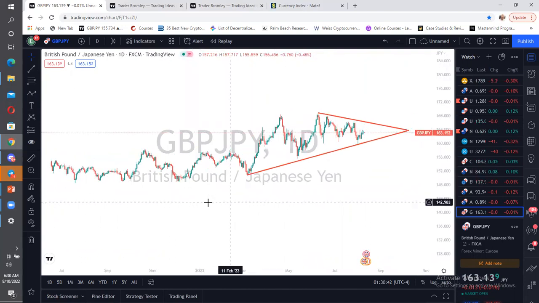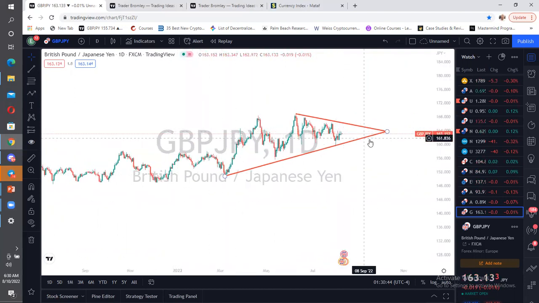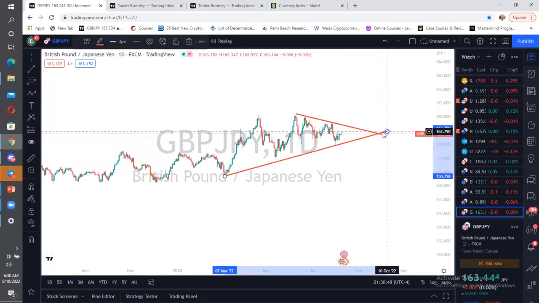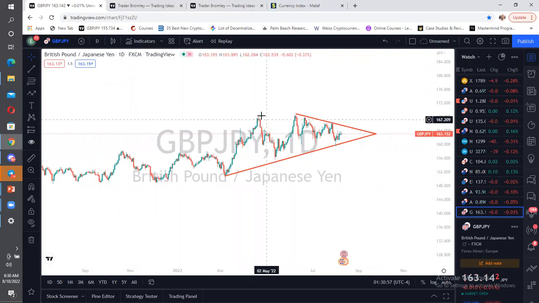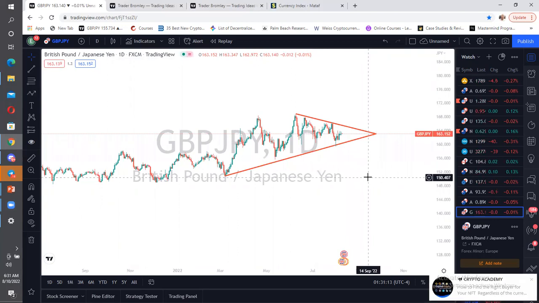So let's go to 4 hours. But based on this, as we can see, all right, market has broken this structure downside, pull back to this level here, came down, it has broken this structure. So it's giving us a kind of a break of structure downside. That is what this market is giving us.